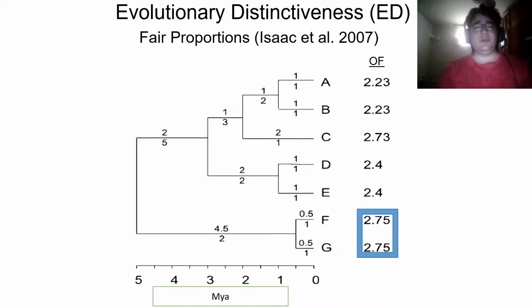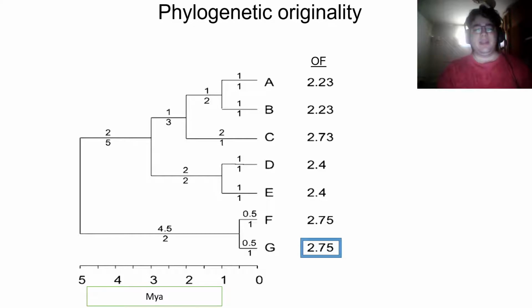It uses the fair proportion method. So, for example, we have those species on the bottom that have branch lengths of 0.5 and 0.5, and an ascendant branch that has a length of 4.5. So we calculate the phylogenetic originality of each of these species as 2.75. But how do we calculate that?